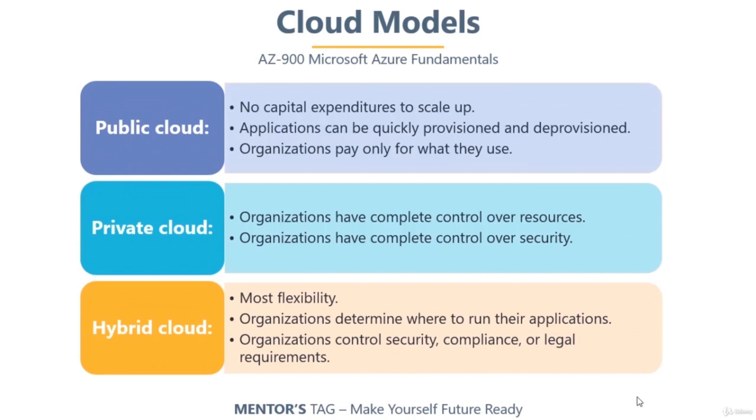While the other option, which is available and very popular nowadays, is the hybrid cloud. Most of the time, hybrid cloud is a combination of public and private. There are organizations that, even though public cloud has so many advantages, are not ready to move everything to public cloud for security reasons.